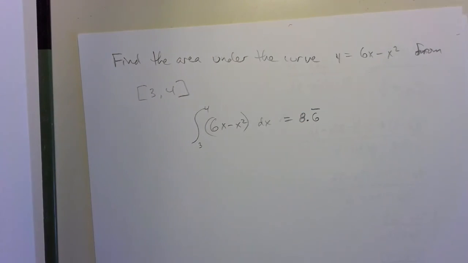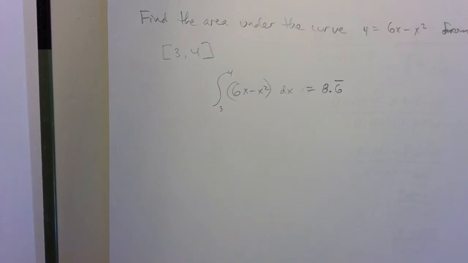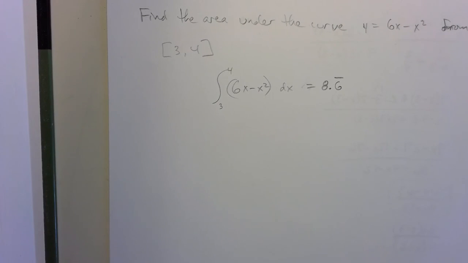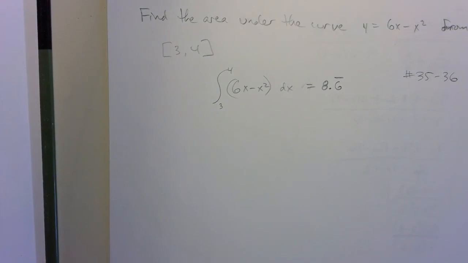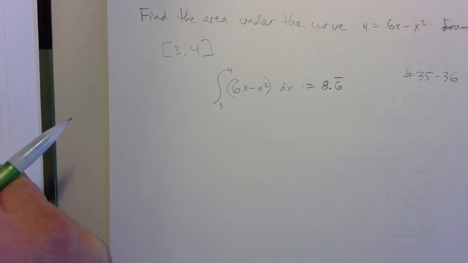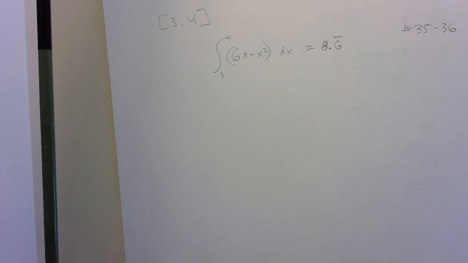If there's a trig function, just put a trig function in there, making sure you're in radians. So that's like 35 and 36 when you're doing those. So just going through the different types of problems that you still have to look at.